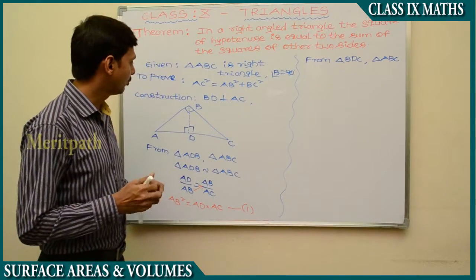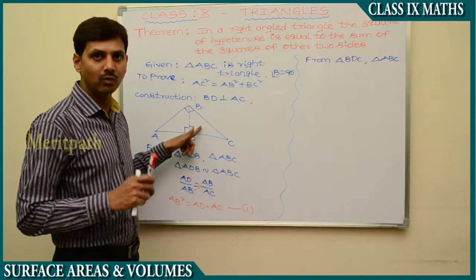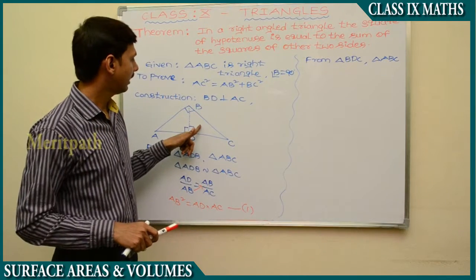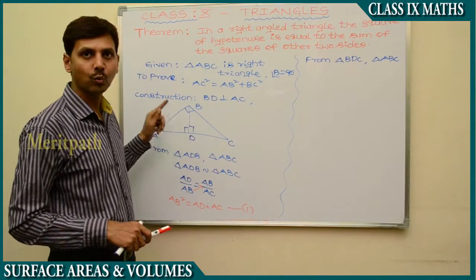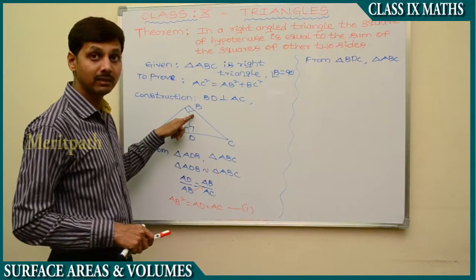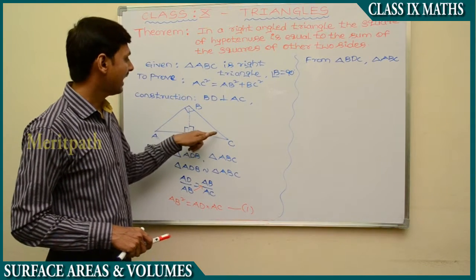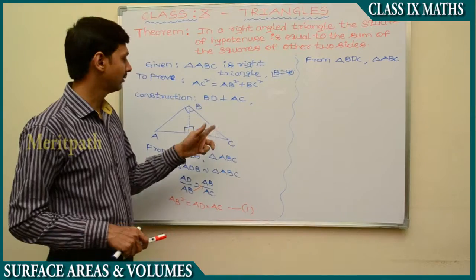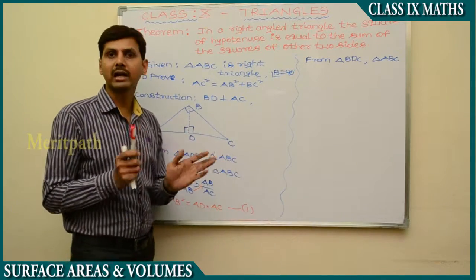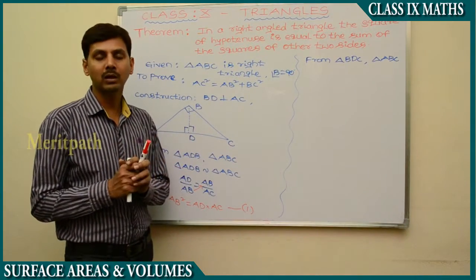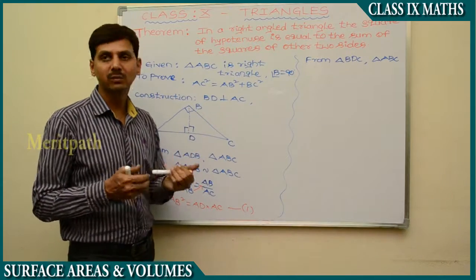Why are they similar? Because in triangle BDC, one of the angles is 90 degrees, and triangle ABC also has one angle 90 degrees, angle B, and angle C is common for both the triangles. So two angles are equal. So we say the two triangles are similar to each other.